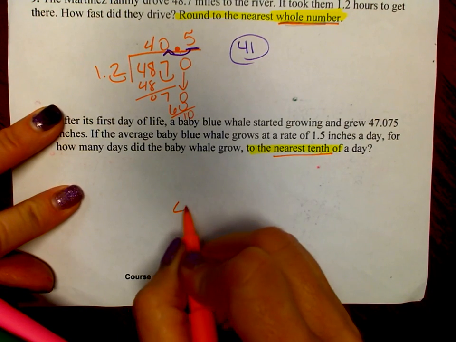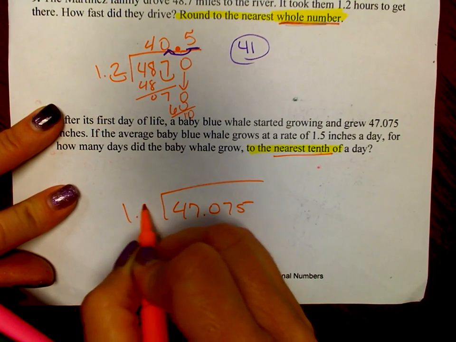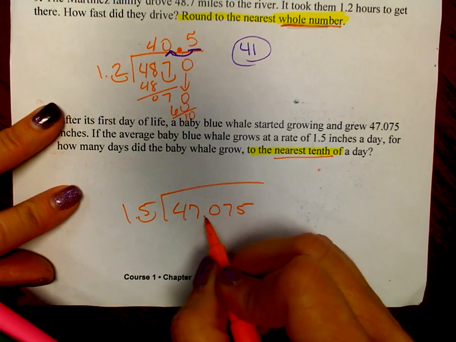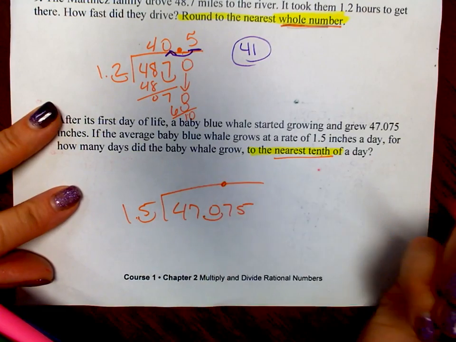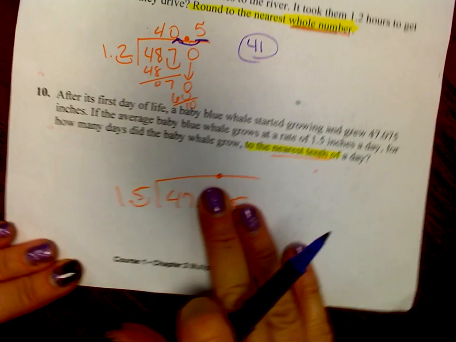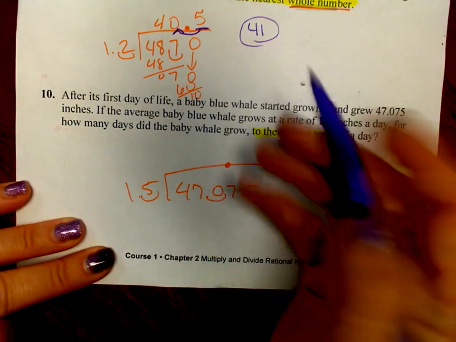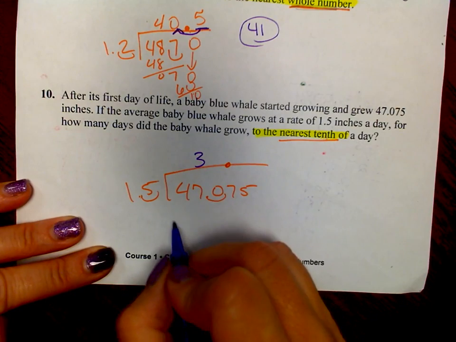So we have 47.075 divided by 1.5. First thing, move your decimal over and ask, can 15 go into 47? Because it can't go into 4. So 47, yes. 3 times.